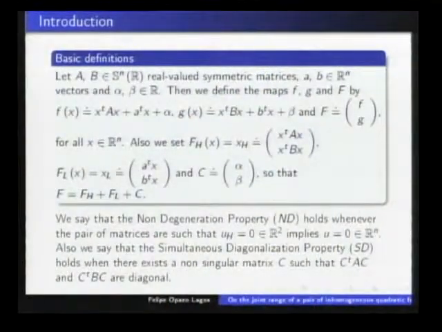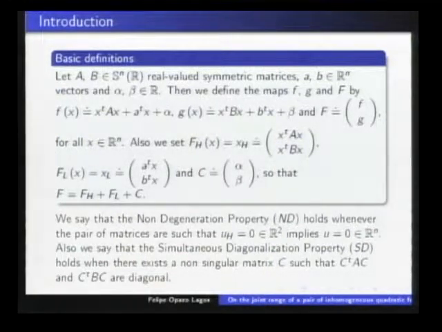A few properties, which are central fundamental properties in this work. The non-degeneration property, a very strong one, means that the quadratic parts of the two functions have no common zero except the zero of the Euclidean space.